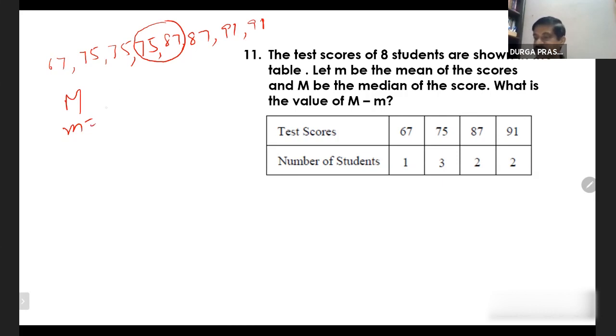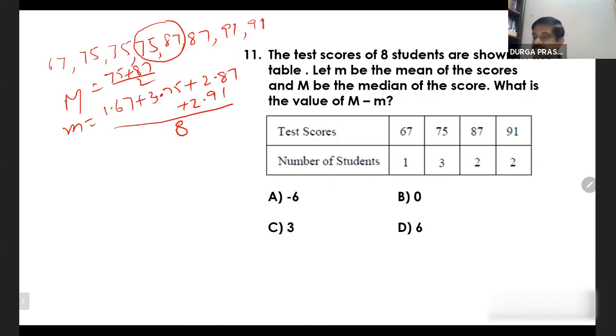Weighted mean we'll take: 1 into 67 plus 3 into 75 plus 2 into 87 plus 2 into 91, divided by 8. This is small m. And M is 75 plus 87 by 2. This is what we need to calculate, as we are asked to find capital M minus small m.